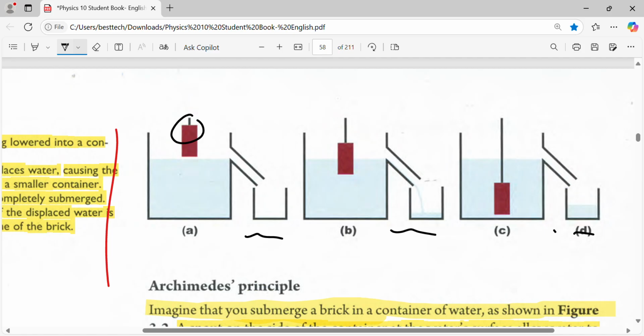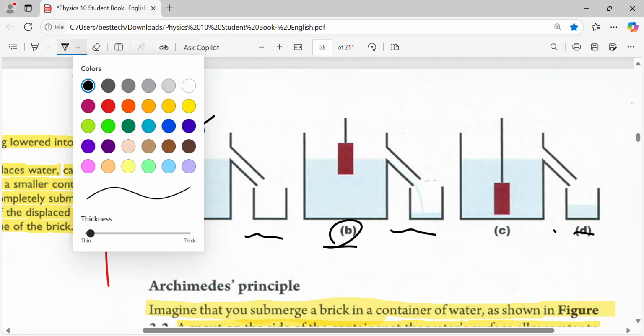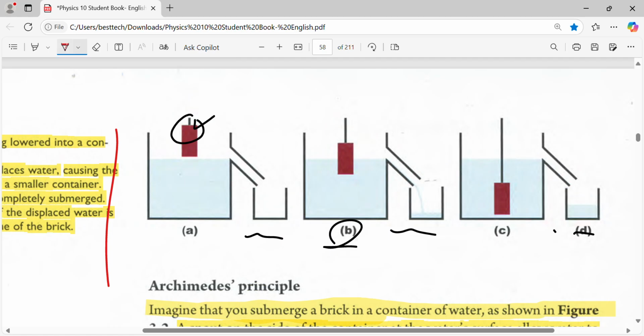In part A, the object stays like that without moving or being brought down under the water. But look at part B. We brought this object down partially under the water, a bit in the water.